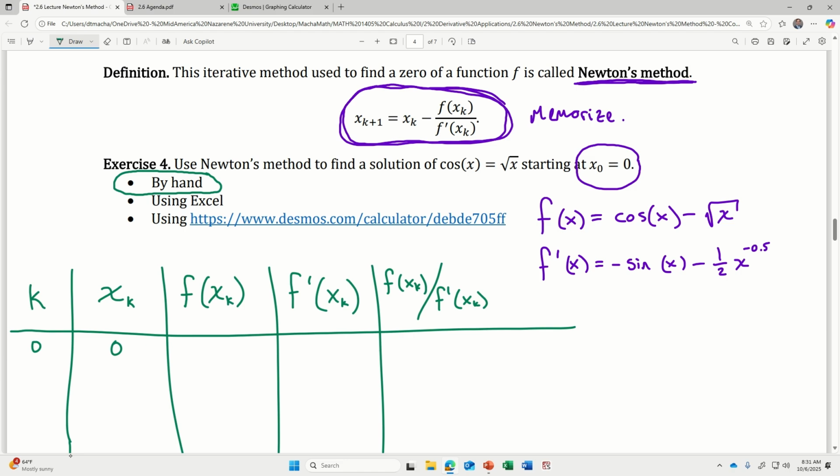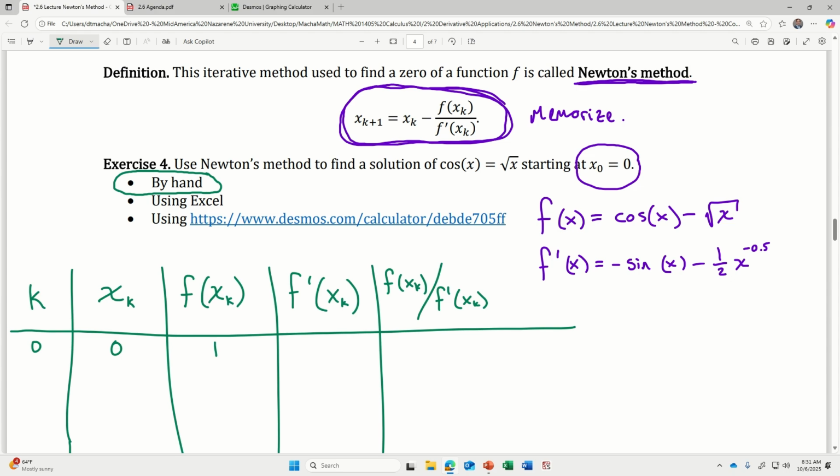Then I need to find what is f of 0. Well, f of 0 would be cosine of 0, and you could just put this in your calculator. You don't even have to really think about it. Just cosine of 0 minus the square root of 0, which should be 1 minus 0, so that's 1. And then f prime of x would now be f prime of 0 for this row of the table.